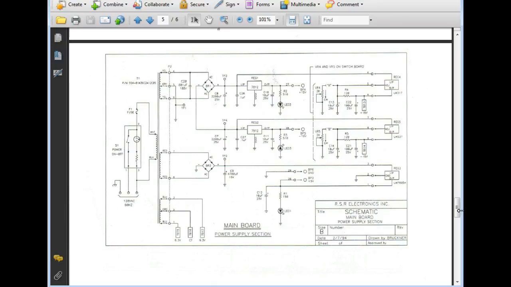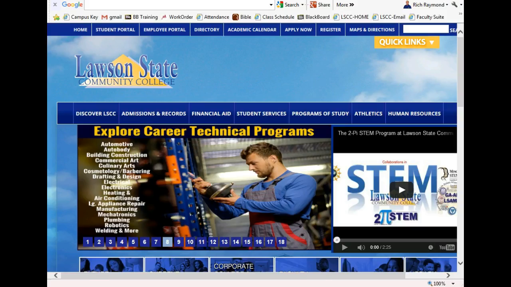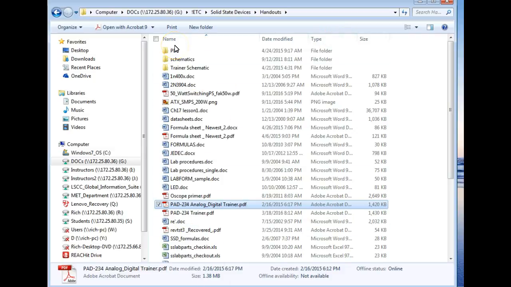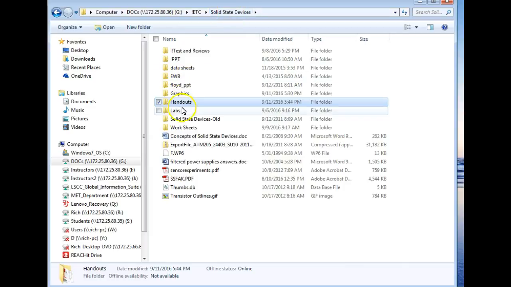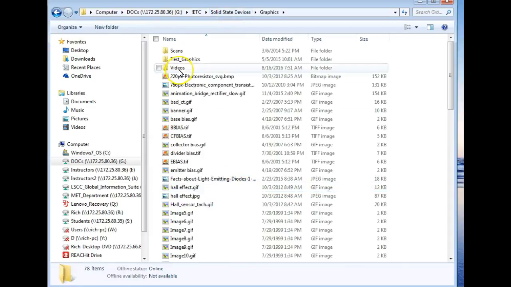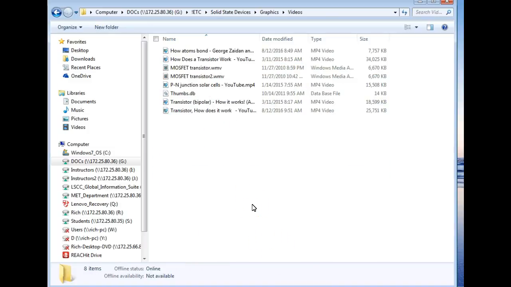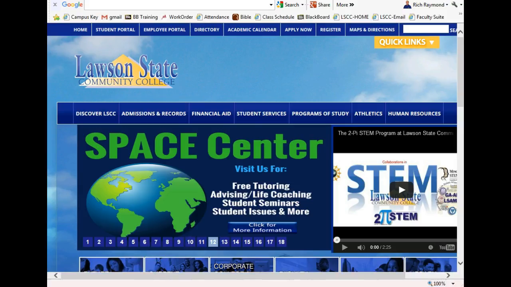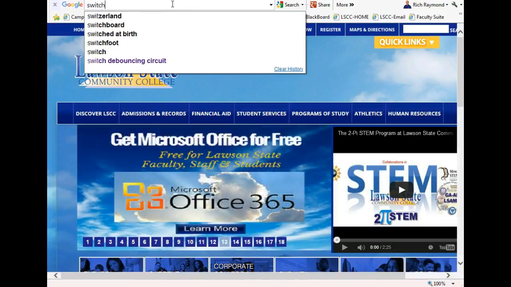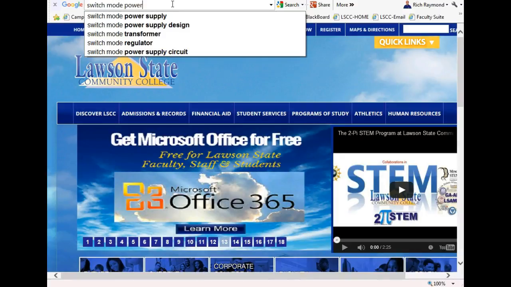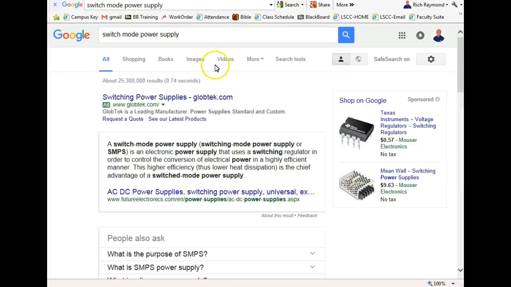The other type of power supply we have is what we call a switching power supply. These are very, very popular.